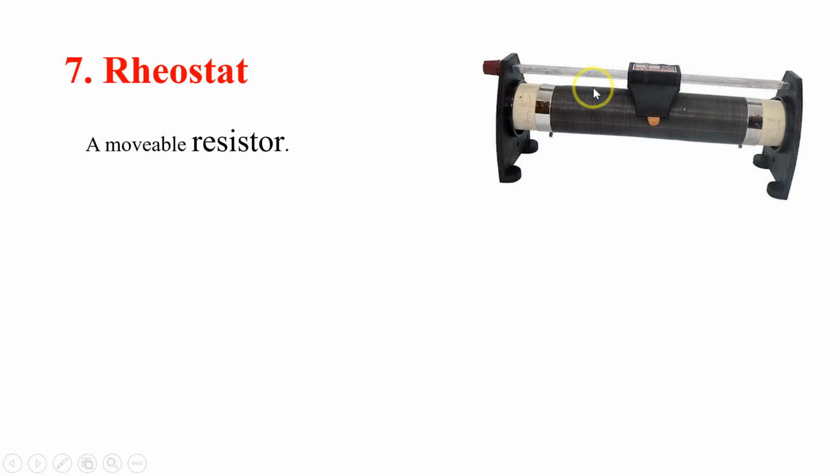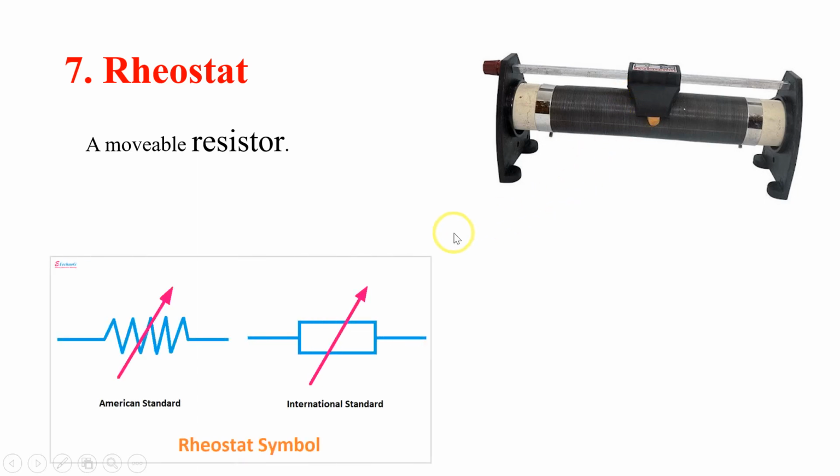It is commonly used in physics laboratories for performing different types of experiments. The symbol for a rheostat is either the international standard or the American standard. Both symbols are used. Whichever is easy for you, you can use.